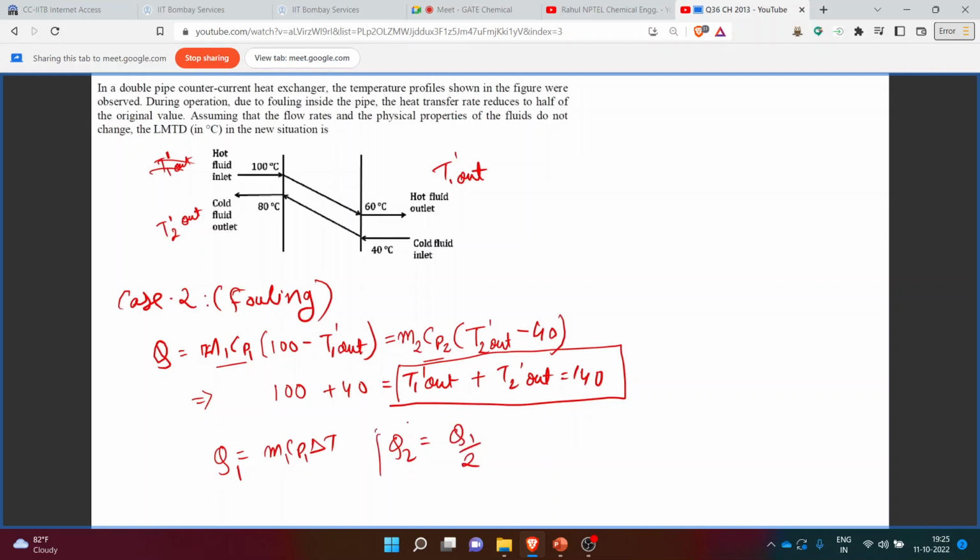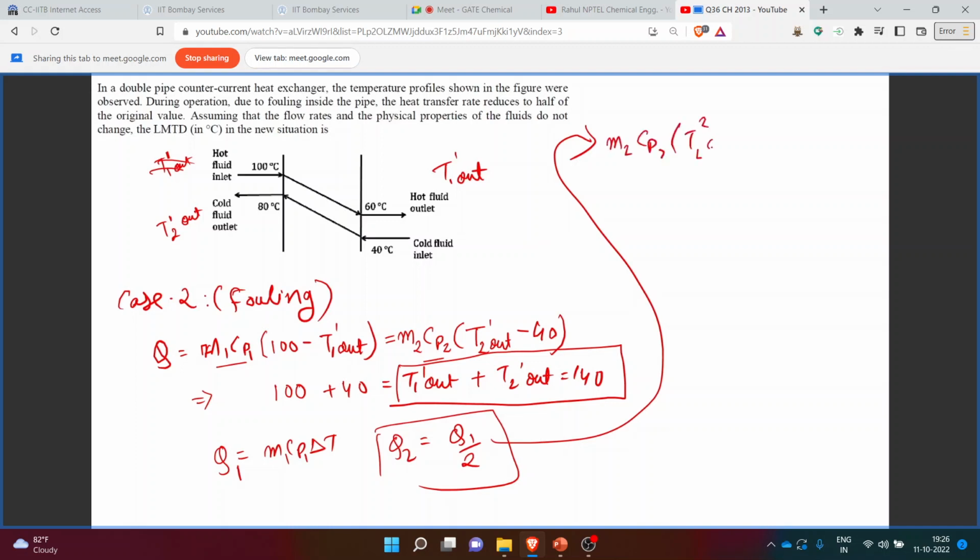So using this correlation, we can write it for Q2 as m2 cp2 upon (T2' out minus 40) is equal to m1 cp1 into delta T, which in both of these cases was 40.